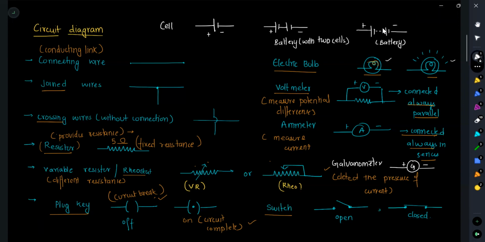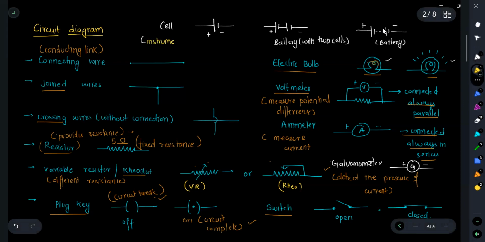Batteries, on the other hand: a cell is an instrument that creates potential difference. So if you are asked for a device to measure, it is a voltmeter, but if asked for a device to create potential difference, it is a cell or a battery with any number of cells.